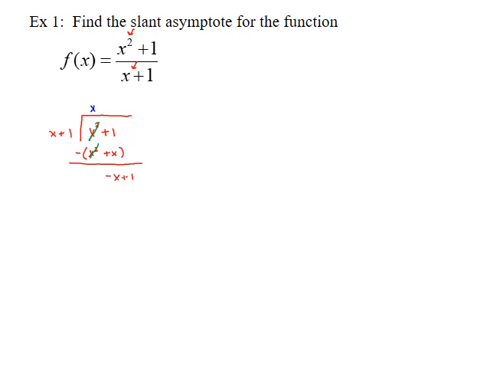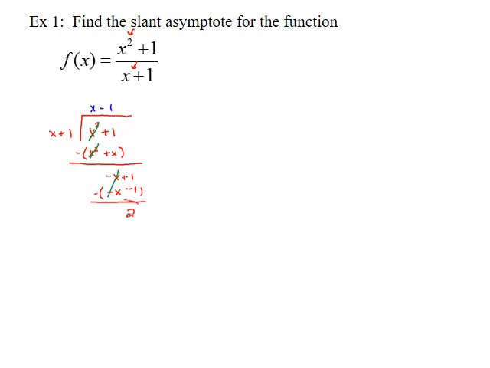What times x makes it negative x? Well, that would be minus 1. So negative 1 times x is negative x. Negative 1 times positive 1 is negative 1. And once again, if you subtract these, you should always be able to cancel the first terms. That's the whole point. And then 1 minus a negative 1 gives you a 2.